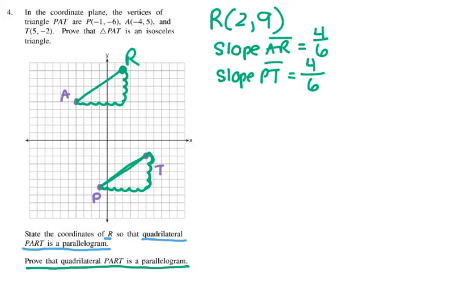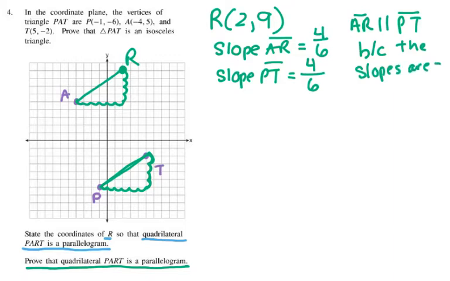Therefore, I can conclude that AR is parallel to PT because the slopes are equal.